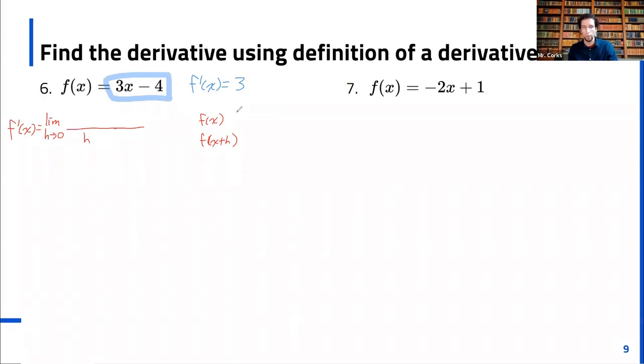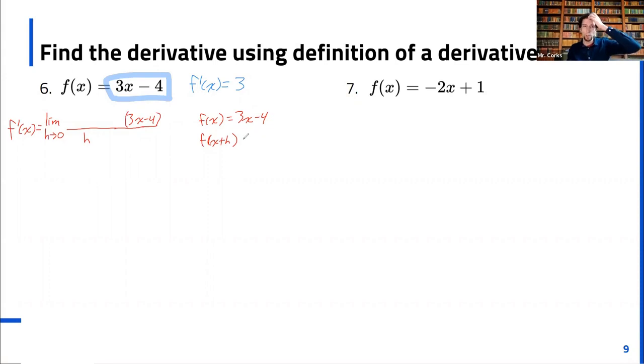What is our f of x equal? 3x minus 4. Yeah, 3x minus 4. It's just given to us there. We don't even have to do anything. And probably need some more space. 3x minus 4. That's our f of x.